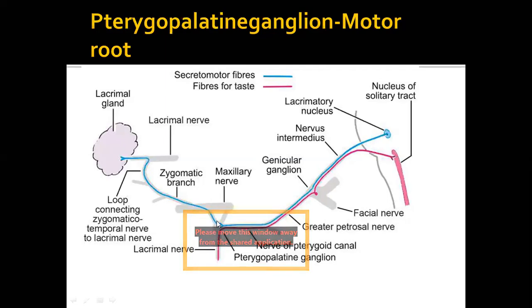The postganglionic fibers arising from the ganglion again pass through the maxillary nerve, zygomatic nerve, and through the lacrimal nerve, it goes and supplies the lacrimal gland. So that's all about the motor root.